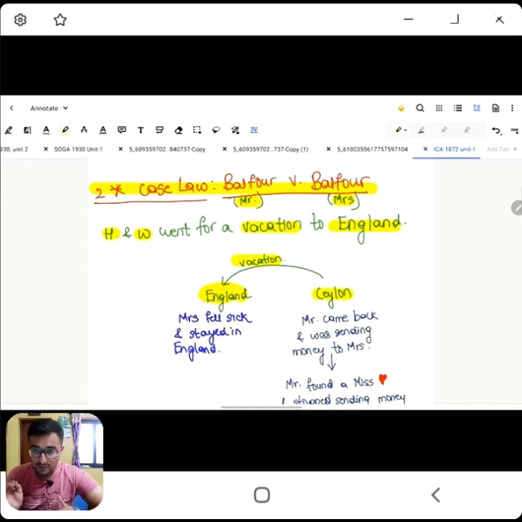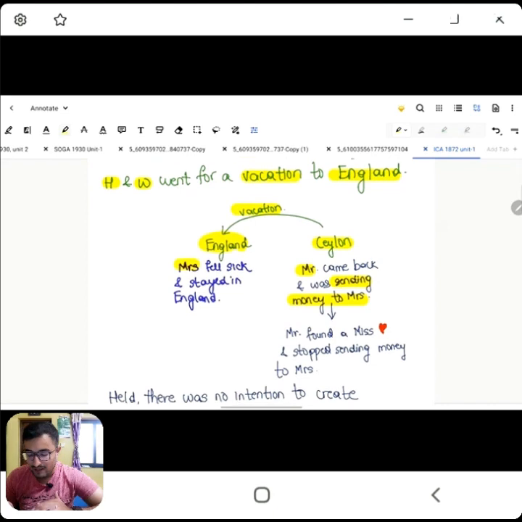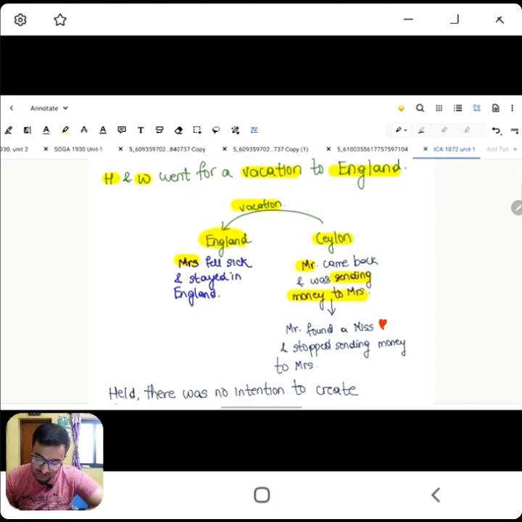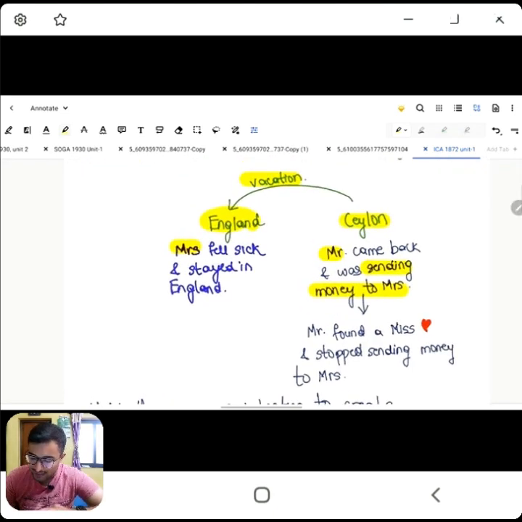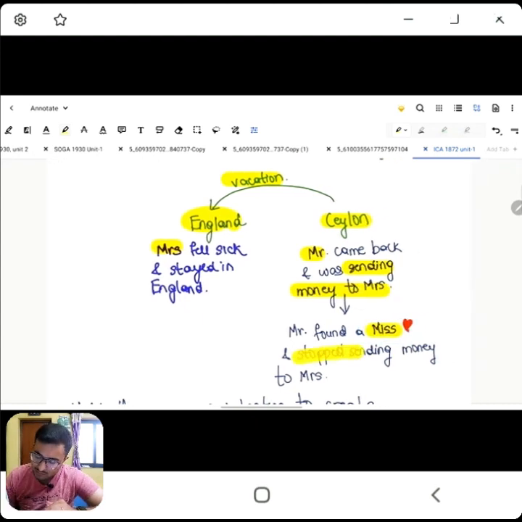When they came for the vacation, the wife, Mrs. Balfour, fell sick. She had to stay back in England. The husband had to go back because he had to earn money. So the husband came back and he was sending money every month to his wife. Now the husband was alone, lonely, so he happened to find another woman for himself in Ceylon, and he stopped sending money to the wife.